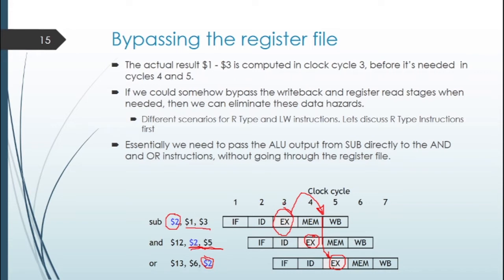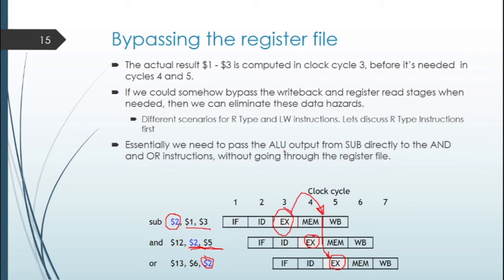If we are forwarding the data from the first instruction to the third one, we have to forward the data from the output of MEM to the input of EX. So these are the two different scenarios.